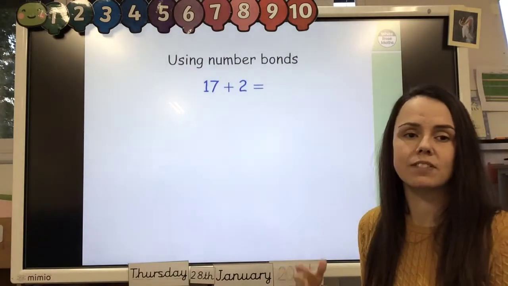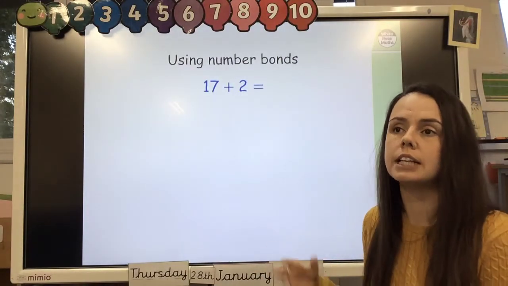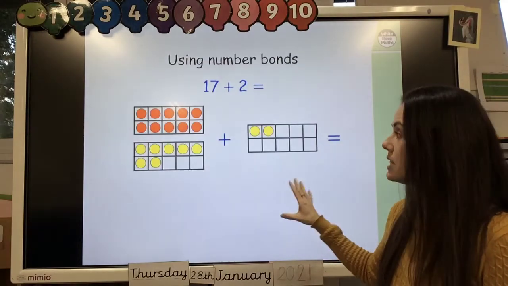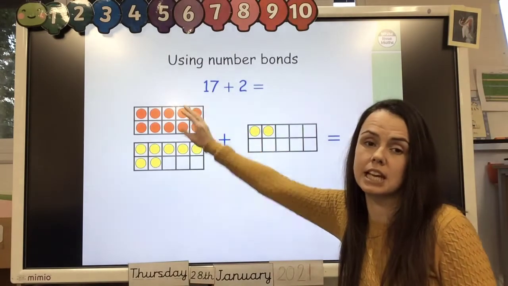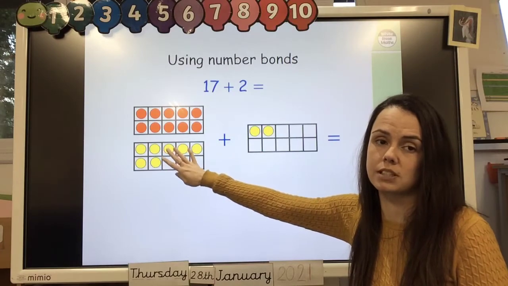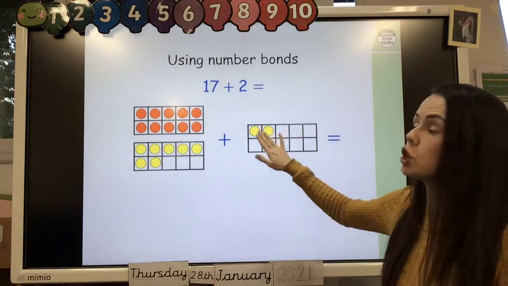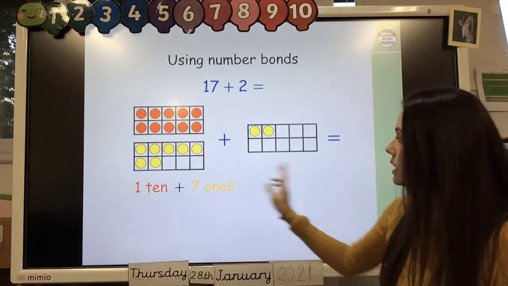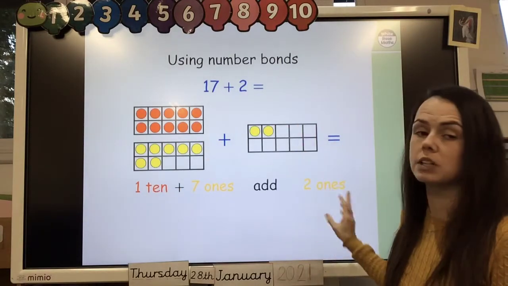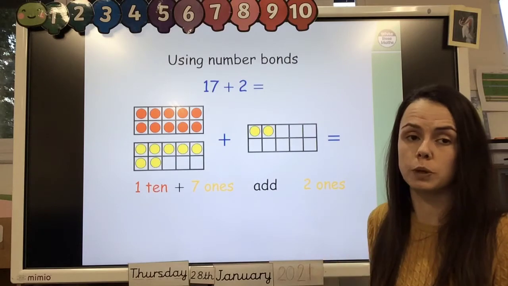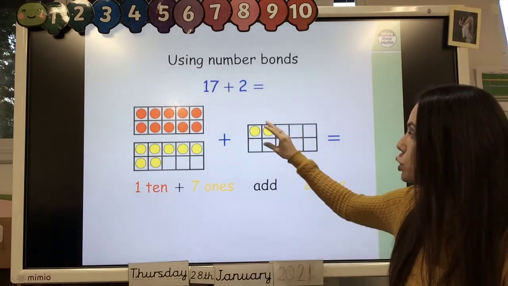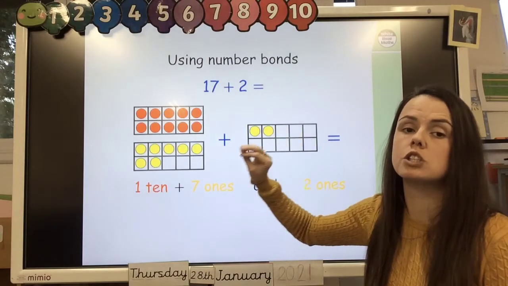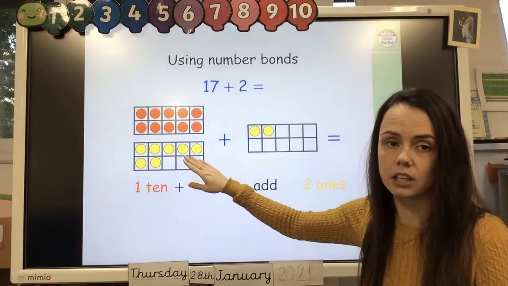So 17 add 2. Now 17 is a big number, let's break it down. 17 add 2 is the same as 1 ten and 7 ones, and we're adding on 2 ones. So instead of adding 2 to 17, we're going to add 2 onto 7.